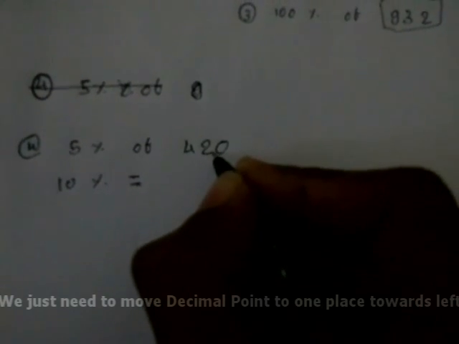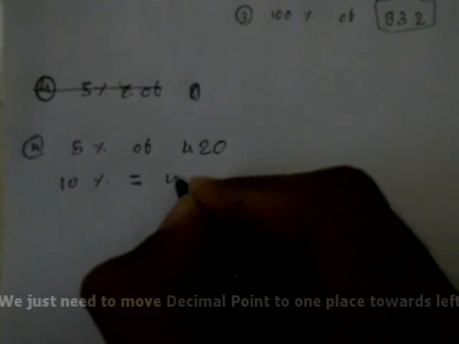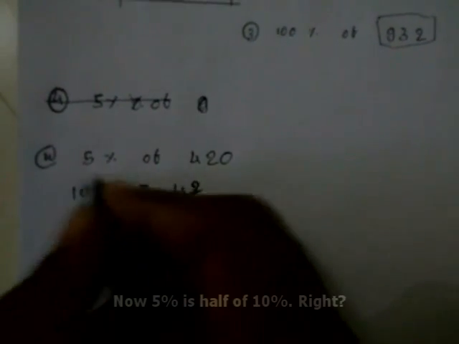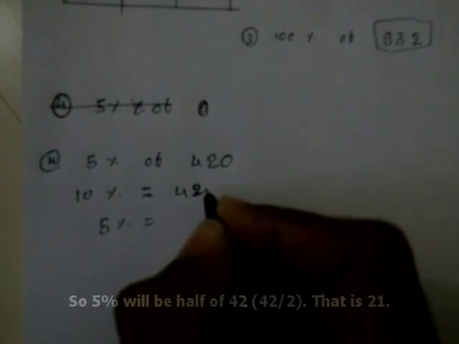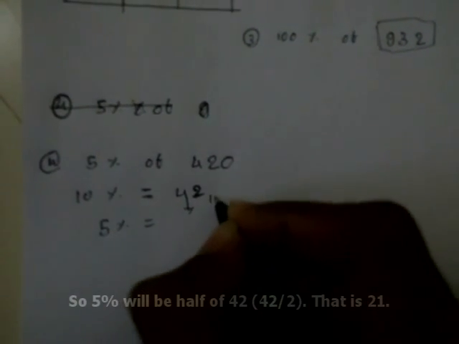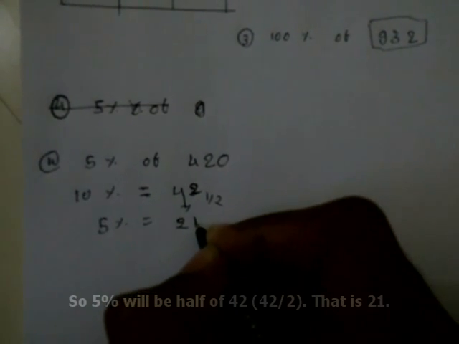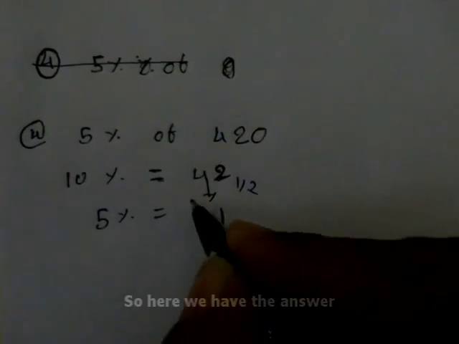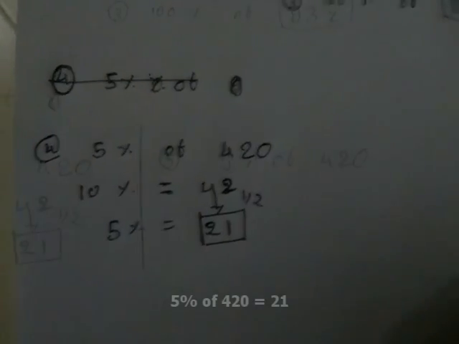We just need to move the decimal place by 1 place, that is 42. Now 5% is half of 10%, right? So 5% will be half of 42, that is 21. Correct? So here we have the answer. 5% of 420 is 21.